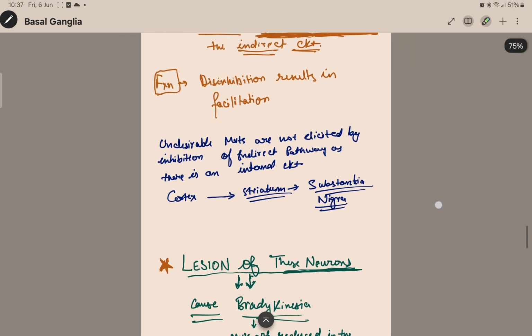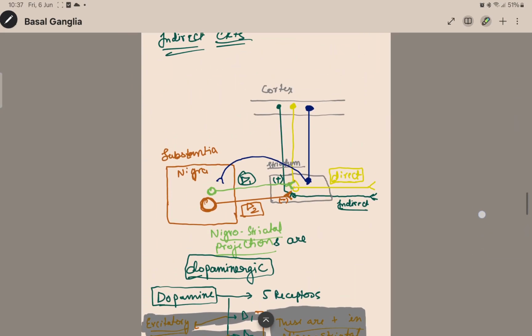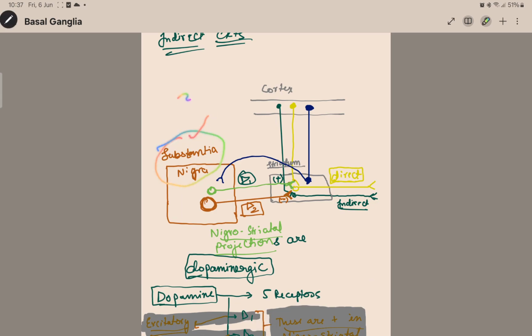So we need to understand that the substantia nigra is not any independent structure which has its own consciousness. It's just connected to the cortex. Cortex tells it to modify, sending its suggestion according to the past memory.